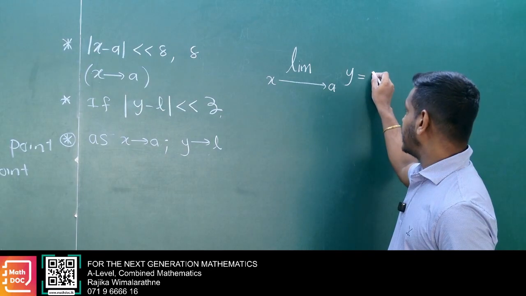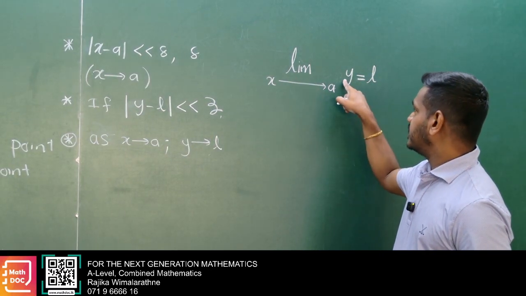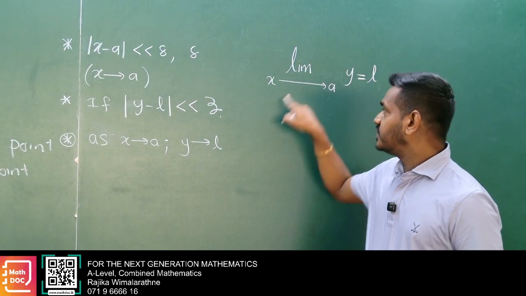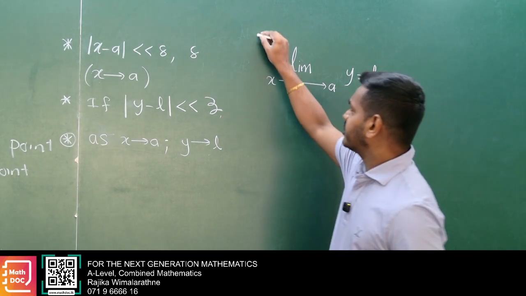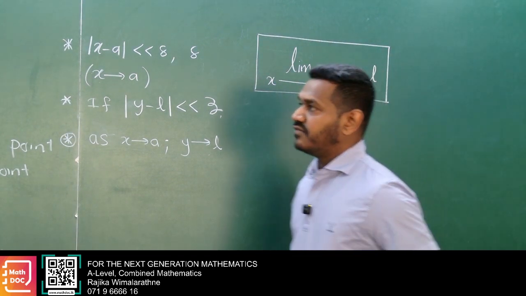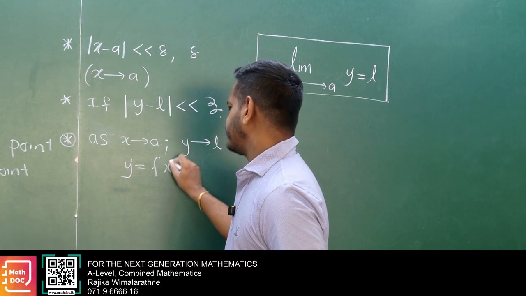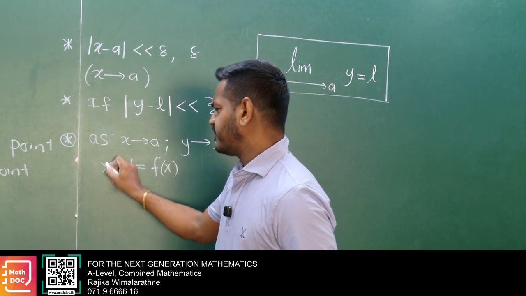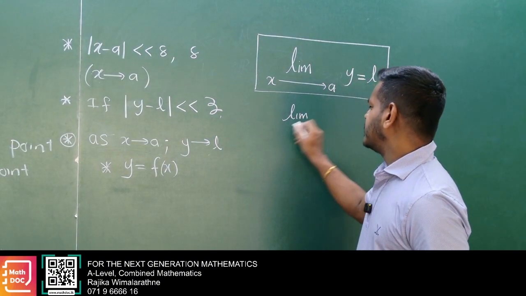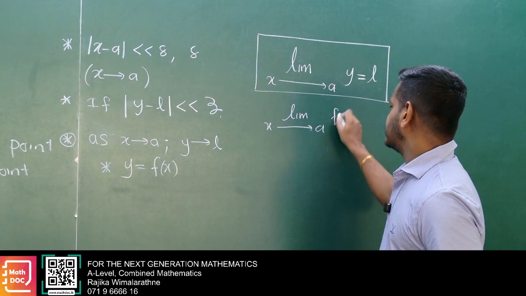Here we just write equal L. Or otherwise, here y means our function, no? Y means f(x). So you can write LIM, limit as x goes to A, f(x) equal to L.